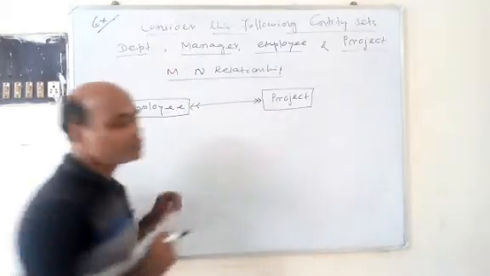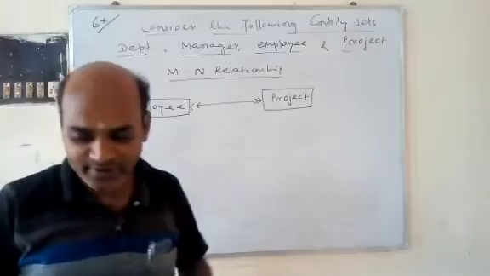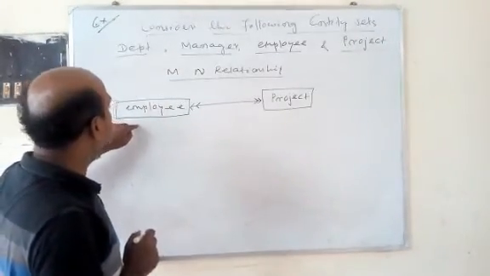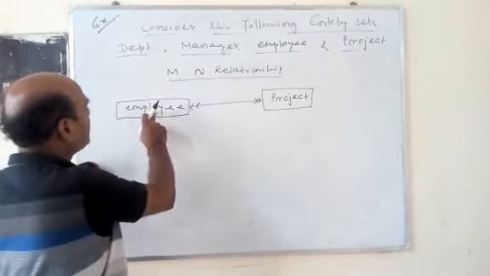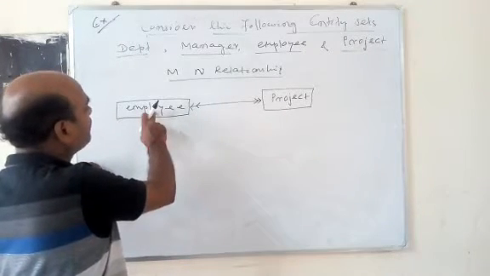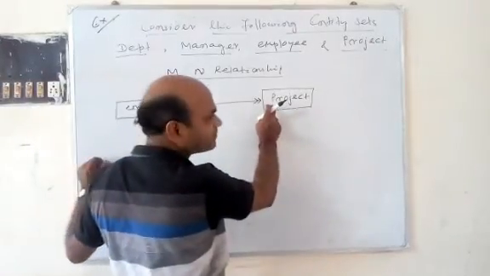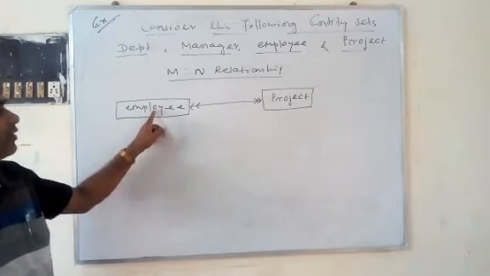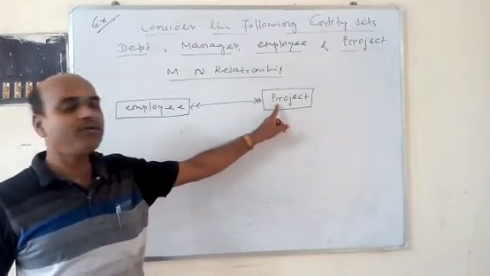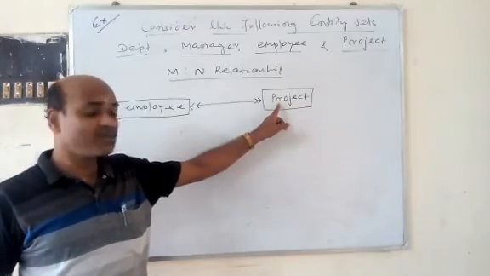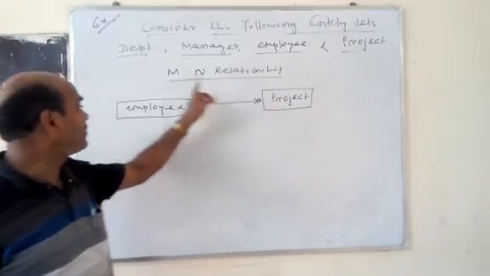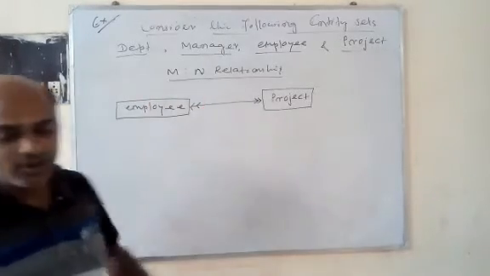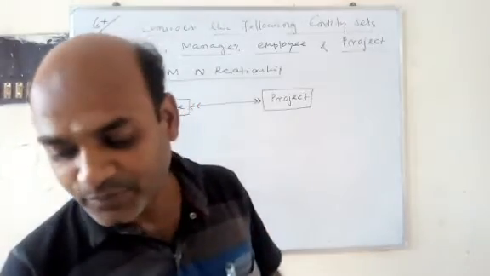I can use 2 arrows for my reference. So this is the many to many relationship. It can be represented with this one. This means an employee can work in a number of projects, or an employee can work in more than one project, and a project can have a number of employees working. So this relationship is considered the many to many relationship.